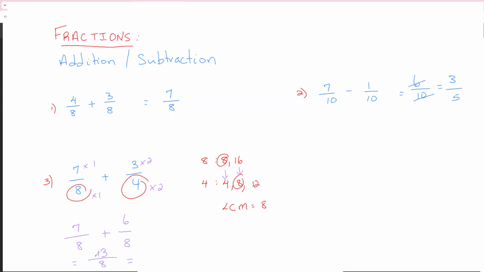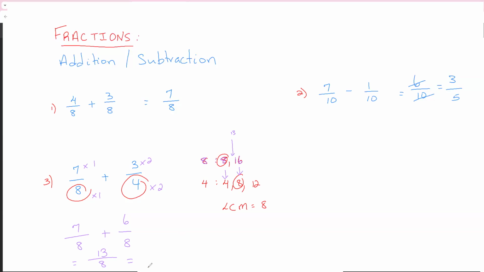This is an improper fraction. So we can change that into a mixed number. 8 could go into 13, right? So you're looking at the number below, it tells me which times table to look at. So we're looking at the 8 times table. So you have 8, 16. 13 is located between 8 and 16.